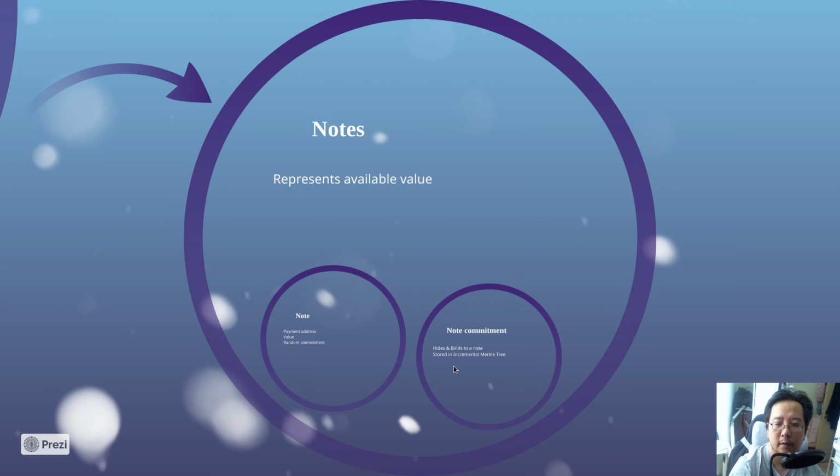In the transaction, the goal will be to create new nodes and to spend existing nodes. Similar to Bitcoin, a node is not breakable. If you have an output node, for example for 100 ZEC, and you need to pay somebody 50 ZEC, you will have to spend the entire 100 ZEC, but create two outputs.